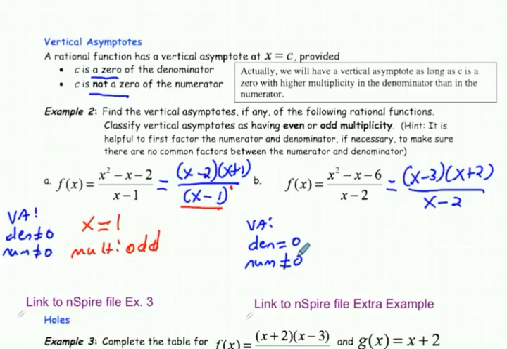In this case, we're going to have a vertical asymptote at x equals 2. And the multiplicity, once again, is odd because x minus 2 is a factor with a power of 1.